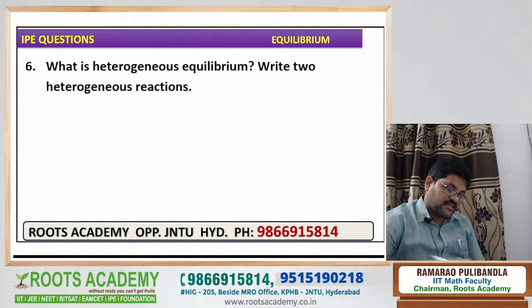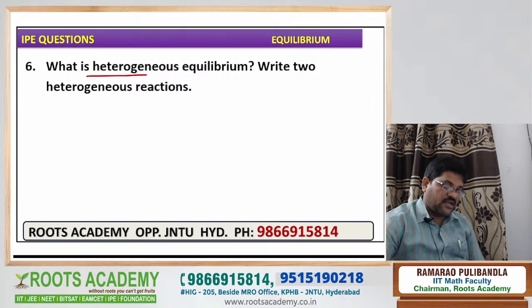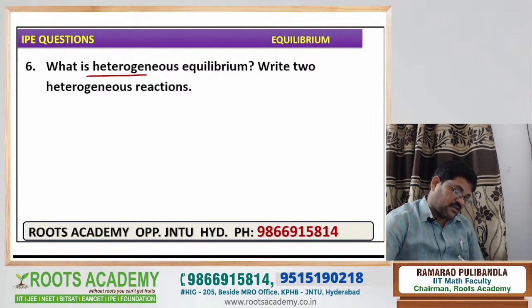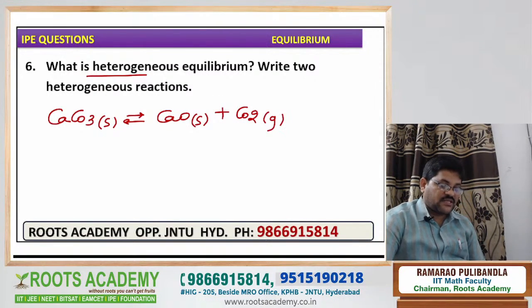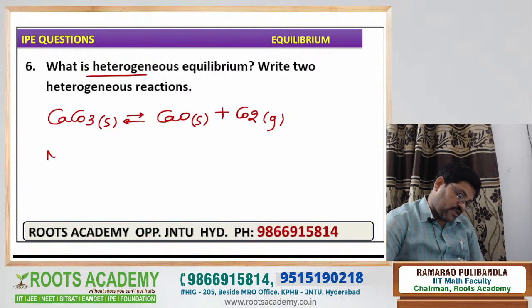Understood? Second one is heterogeneous equilibrium. Reactants and products are in different phases in the given reversible reaction. Example, CaCO3 solid gives rise to CaO solid plus CO2 gas. Take one more example. Ammonium hydrogen sulfide is a solid.